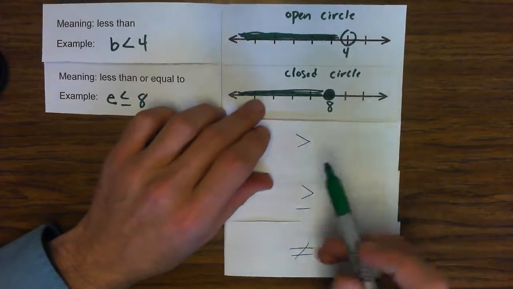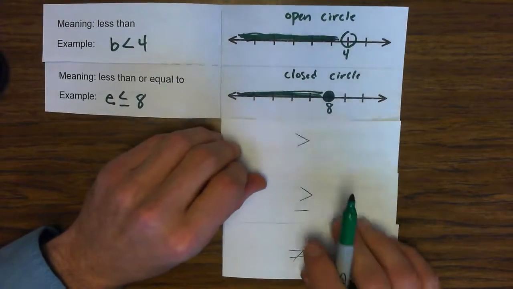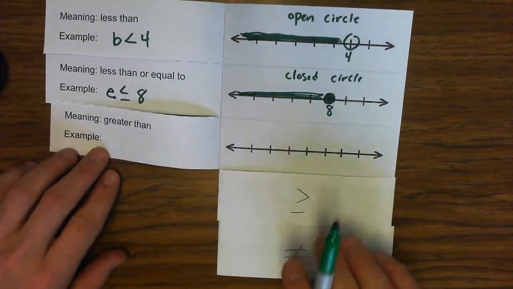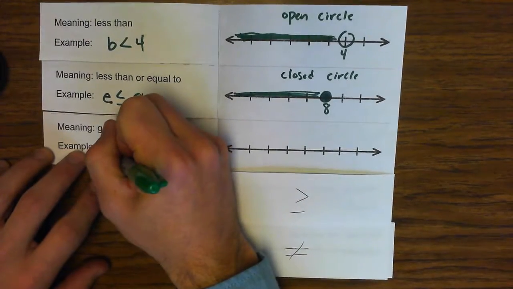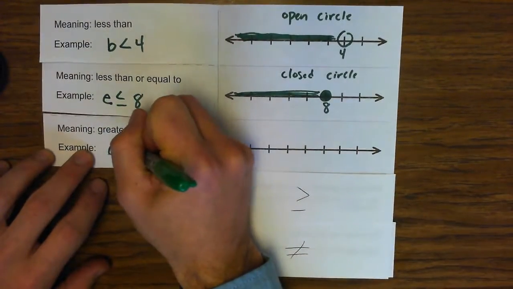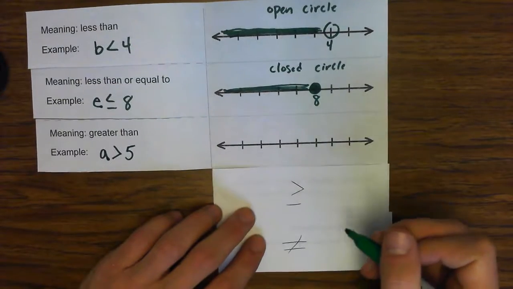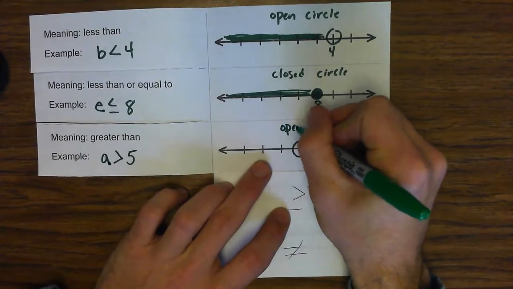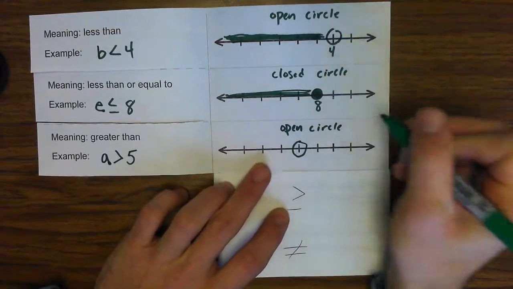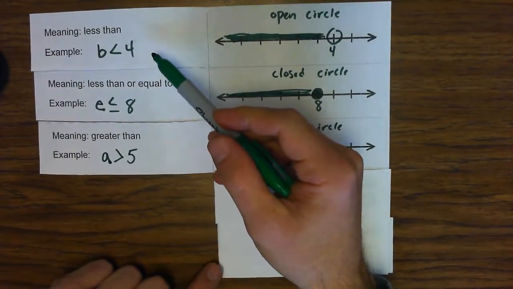Alright, the next one is a greater than symbol. Greater than. So your example here is going to be A is greater than 5. So we'll put this on the graph. Say 5 is right here. Again, you'll have an open circle, just like you did up here for less than.